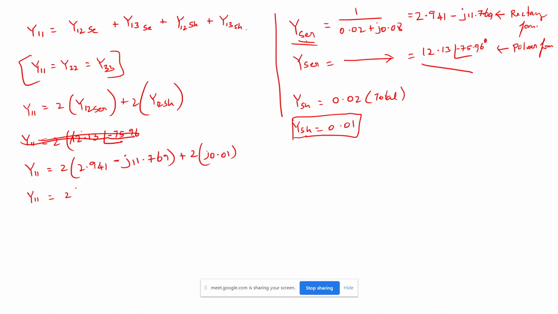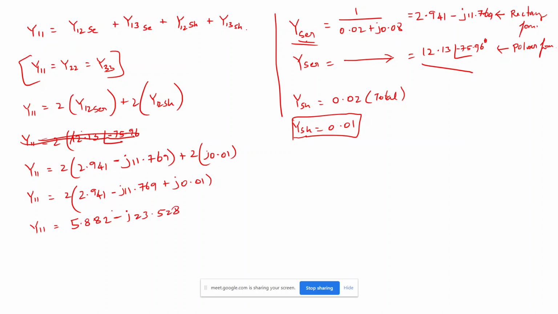Or in general we can take the 2 outside and write 2.941 minus j11.769 plus j0.01, like that also we can do. So what is the value? Y11 value is 5.882 minus j23.52.